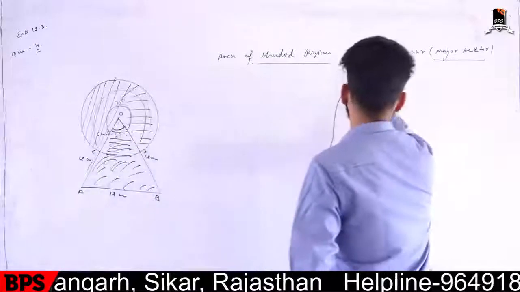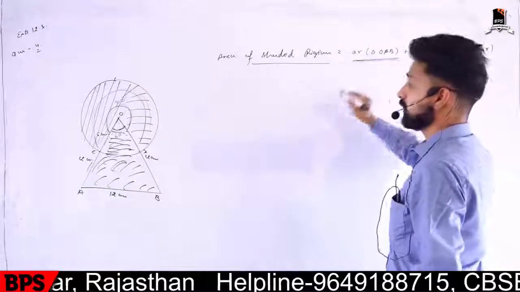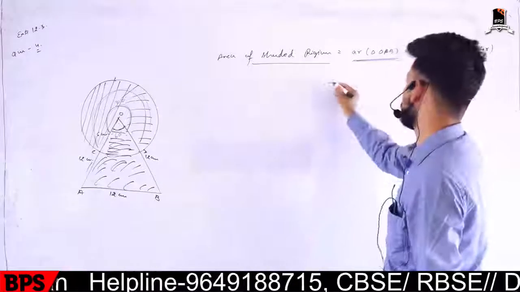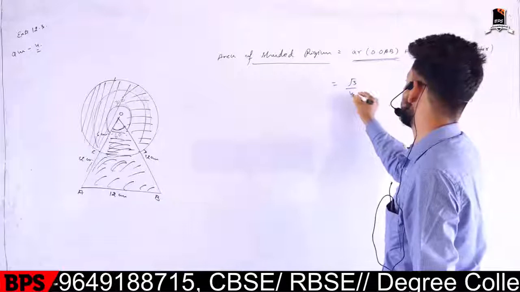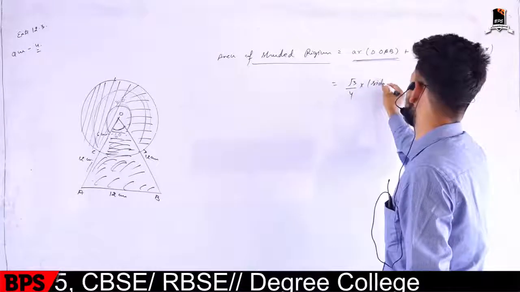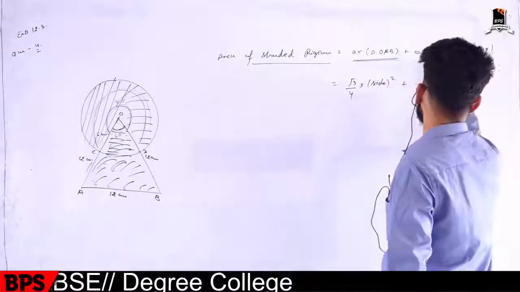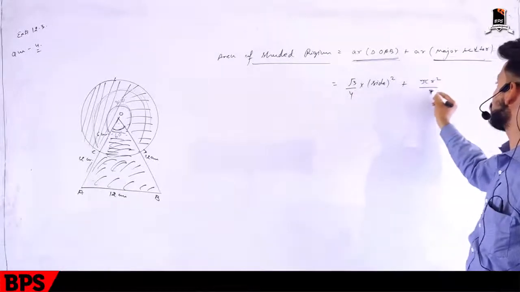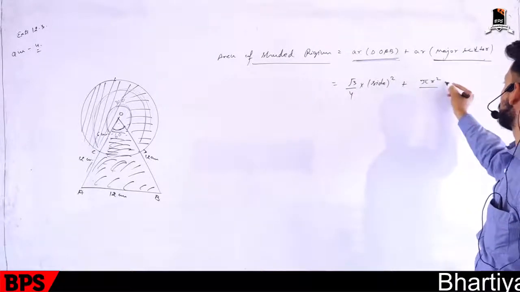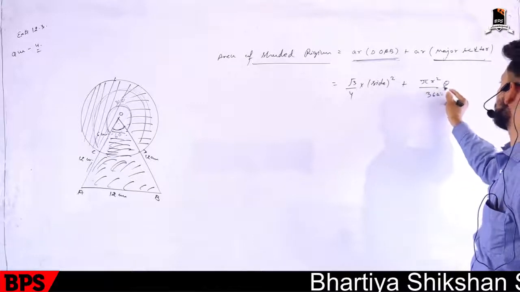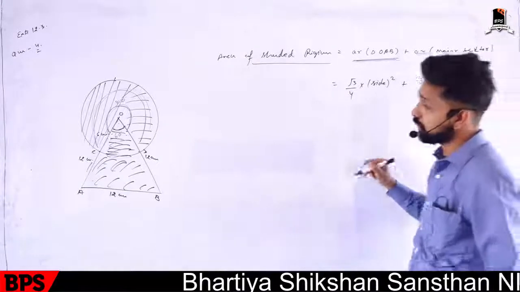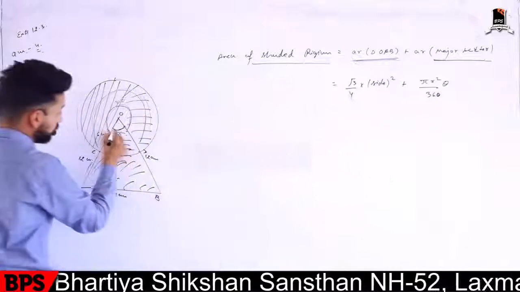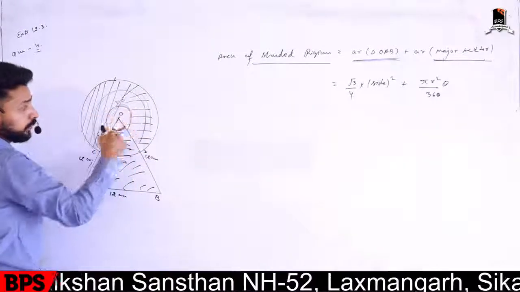Now triangle OAB is an equilateral triangle, so its area is √3/4 side square, plus the area of major sector, pi r square theta upon 360. The angle of major sector is 300 degree, because that is 60 degree and the total angle is 360 degree.